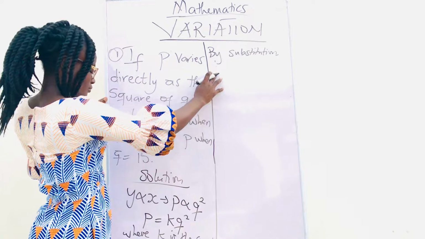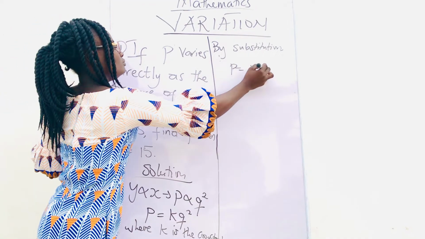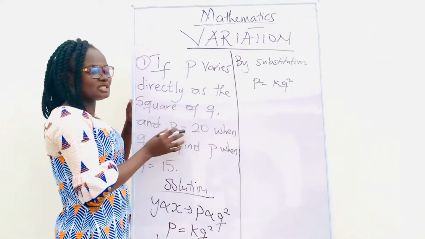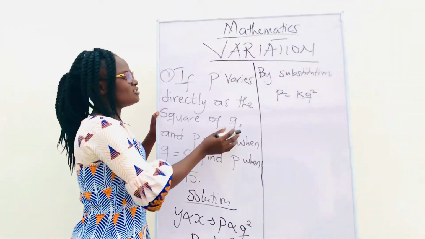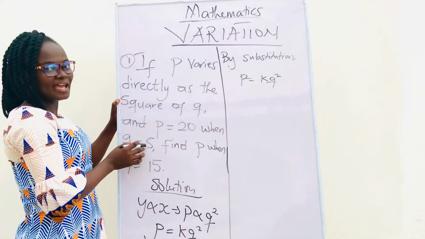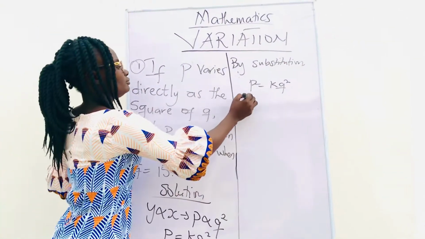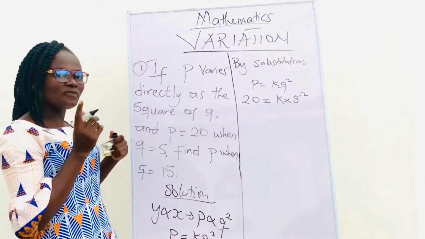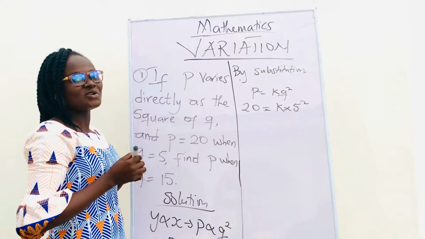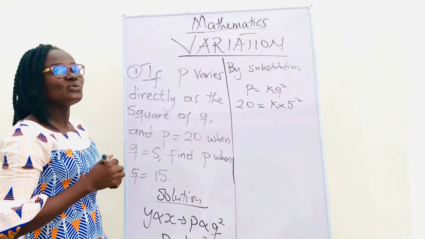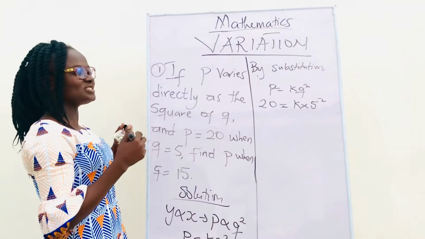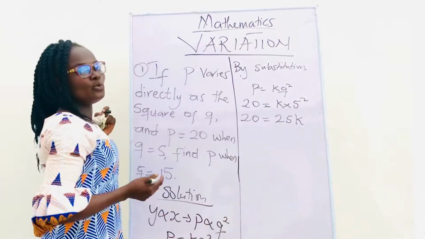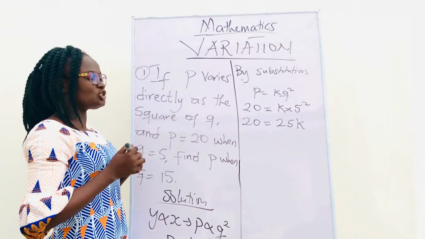So in this case, wherever you see p, please put 20 there. Wherever you see q, put 5 over there. Don't forget it's a square, so 5 squared. Then we simplify. Let's do it together. We are looking for k and not 25k.